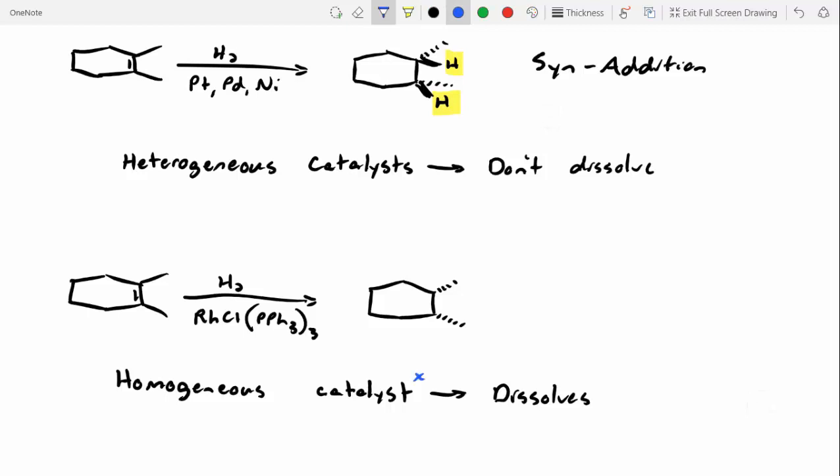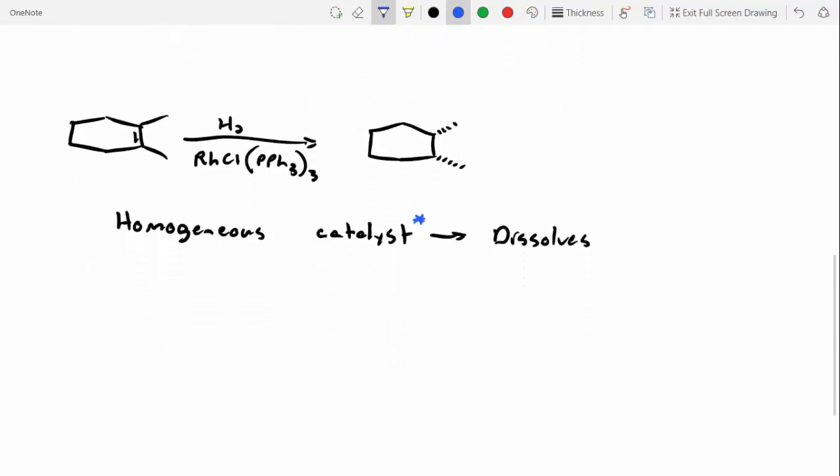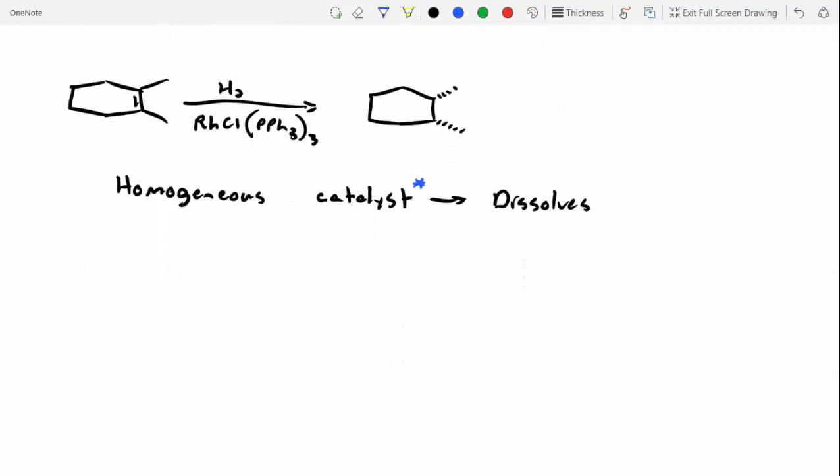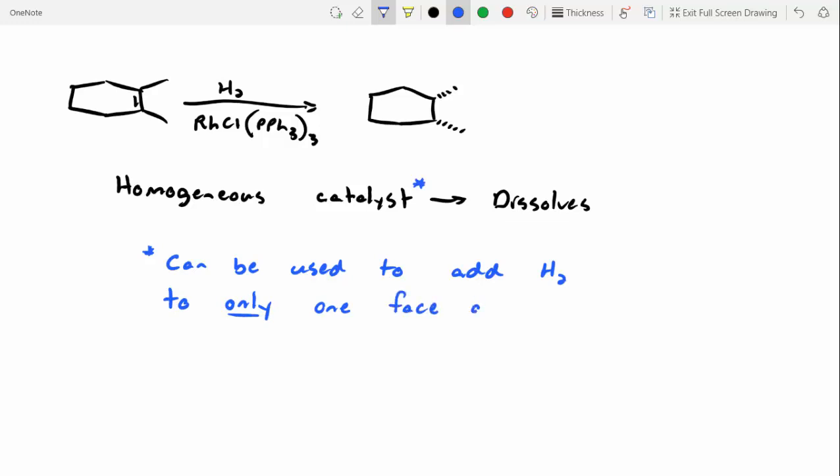So the reason I wanted to bring them up is you may occasionally see them, especially if you go on and take advanced organic chemistry, but they can be used to add H2 to only one face of an alkene.